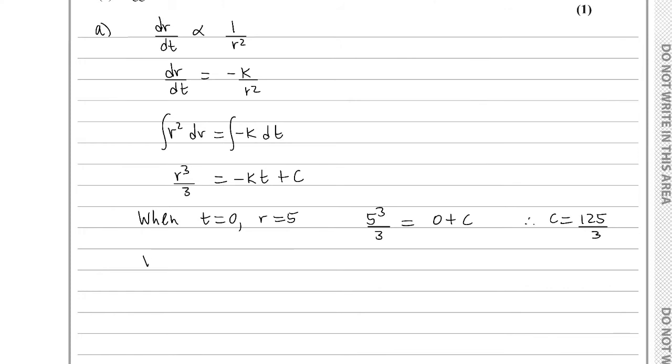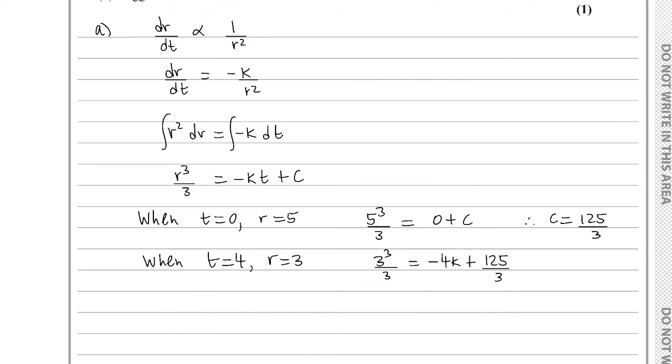And the second piece of information is that when the time is 4 minutes, when t is 4, then r is 3. So we have 3 cubed over 3 is minus 4k plus 125 over 3, which is the value of c.